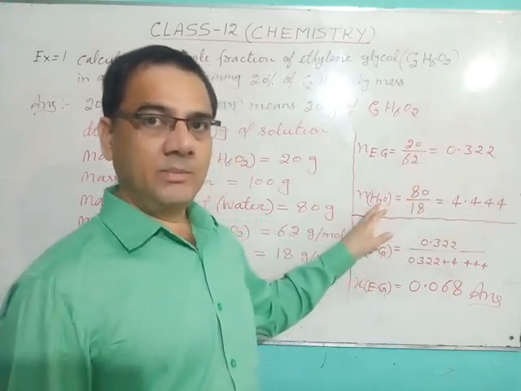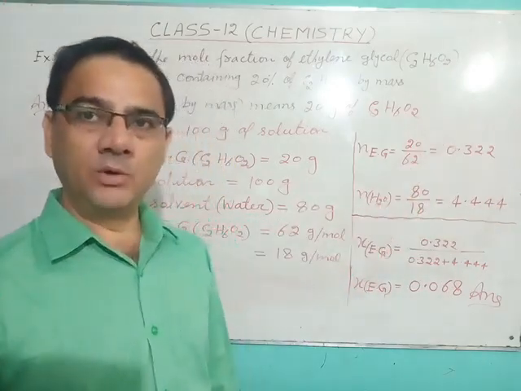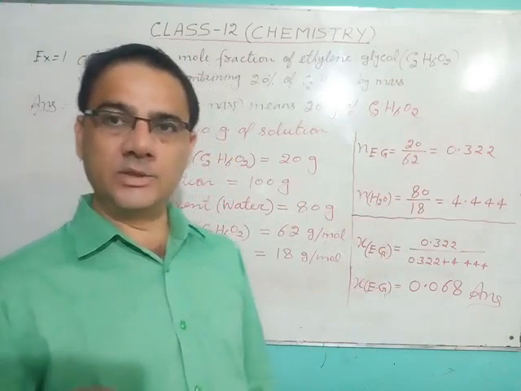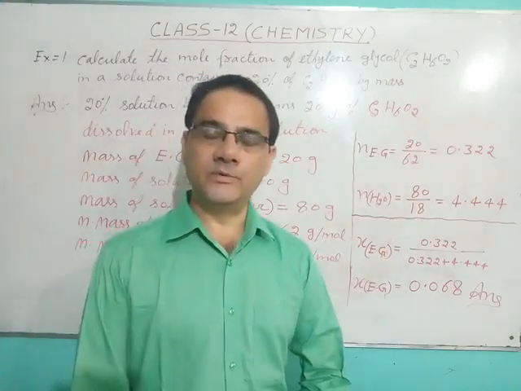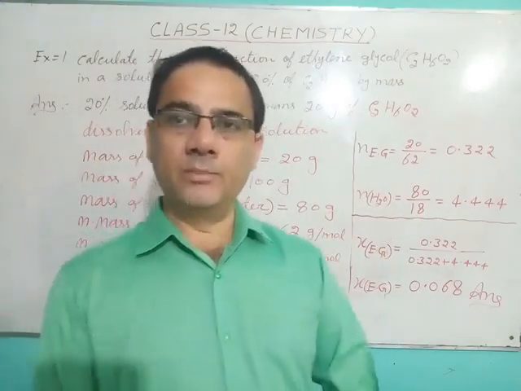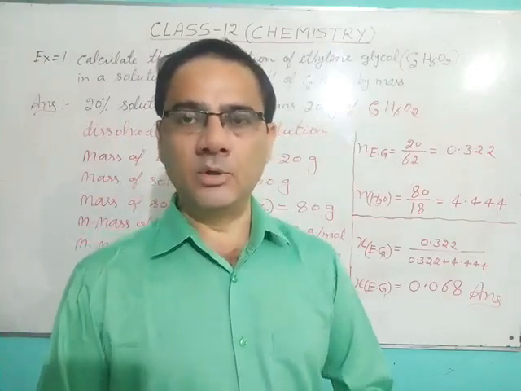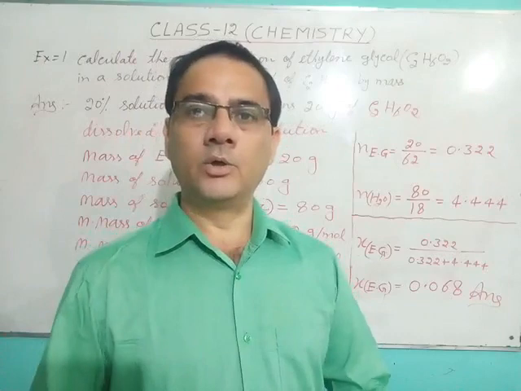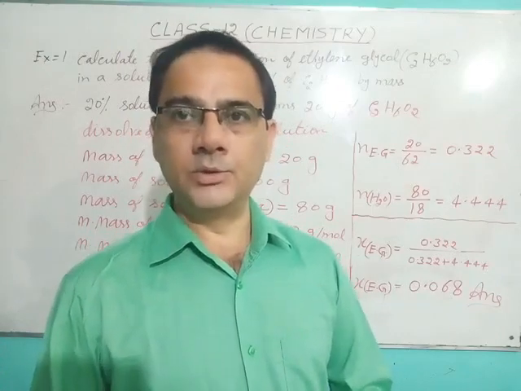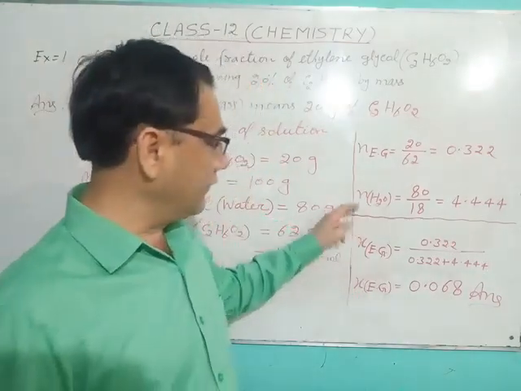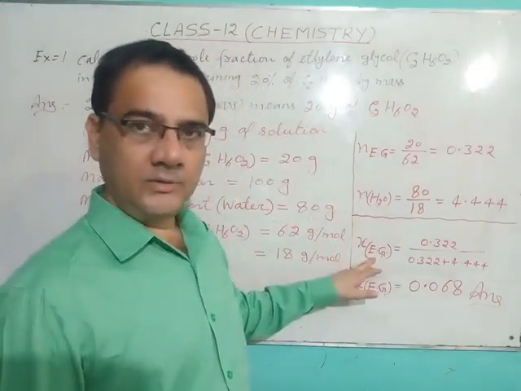After calculating the number of moles, we will calculate the mole fraction. And this also I have explained to you in our previous video. Mole fraction of a component can be calculated with the formula: number of moles of that component upon total number of moles present in the solution. So mole fraction of ethylene glycol, how do we calculate?